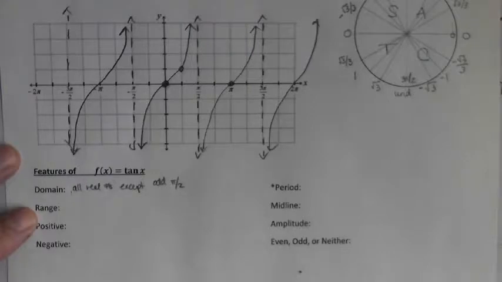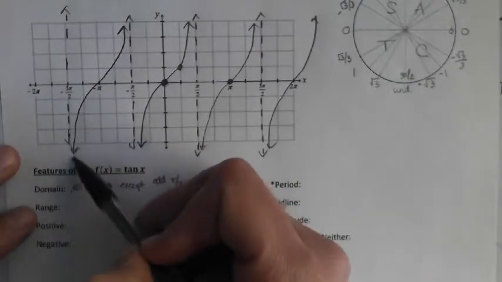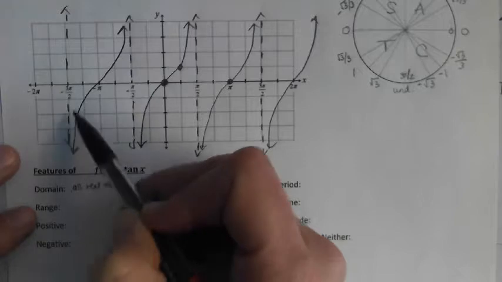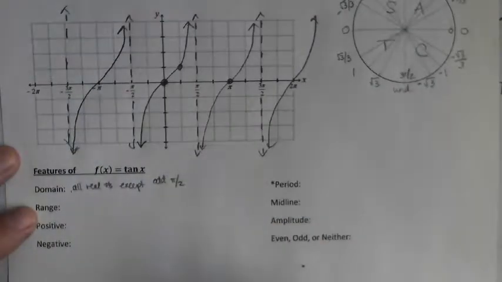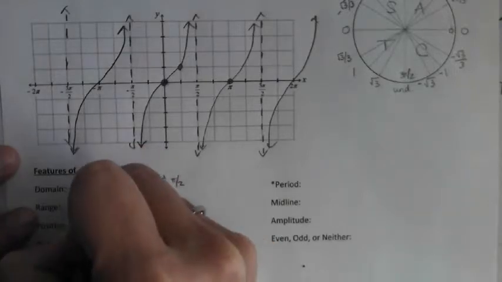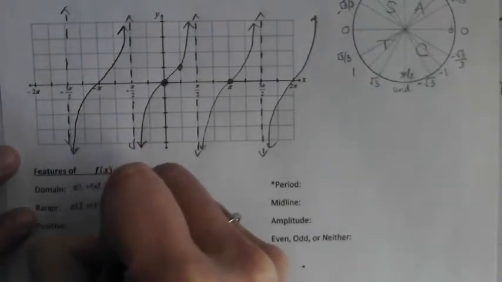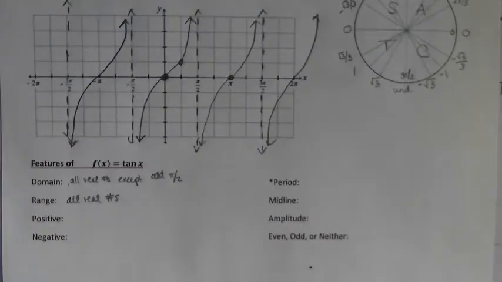There's also, this is odd because it's not the same as sine and cosine. There's no minimum and maximum, right? It keeps going infinitely down towards negative infinity as we get closer and closer to this asymptote. So there's no minimum and there's no maximum. The range is all real numbers. Versus the range for like a parent graph sine cosine, it always has to be between negative 1 and 1.